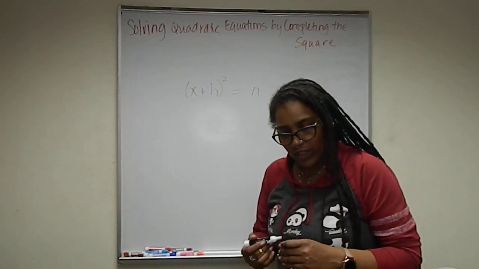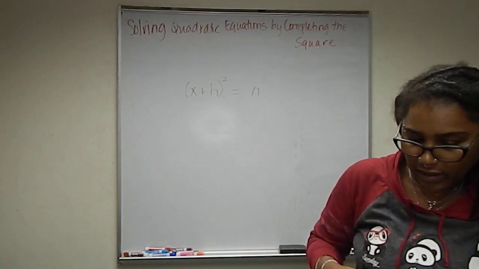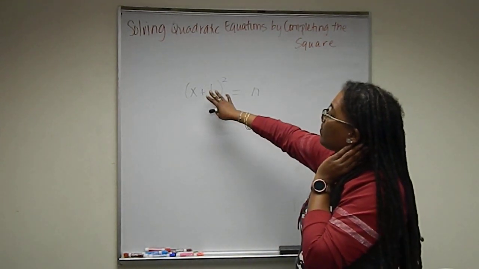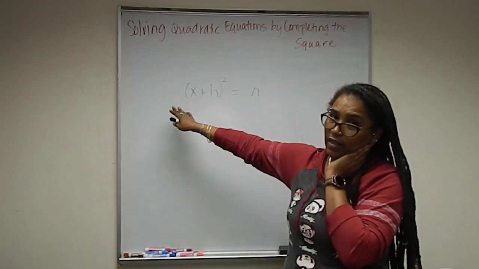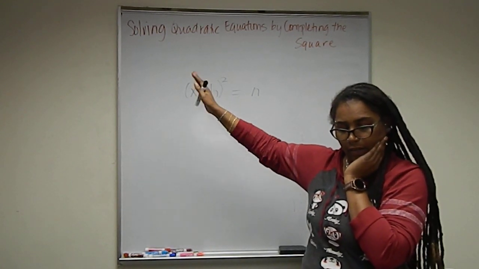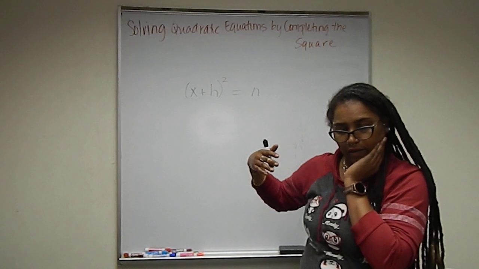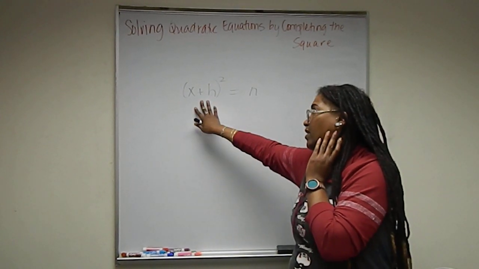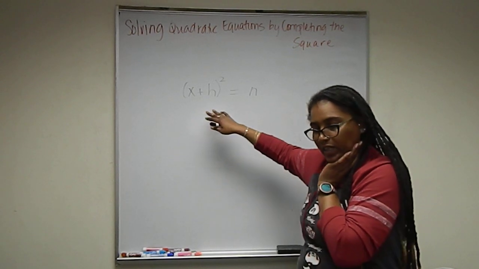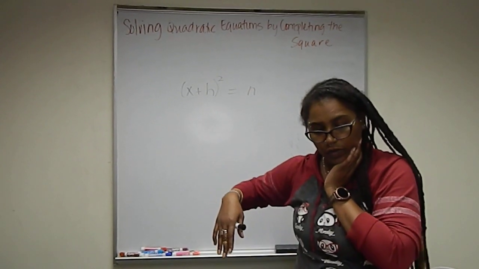So let's just say that we can write the left side, this left side before we get here, and we can expand that out, okay? And it could be a perfect square trinomial. When you have this side as the perfect square trinomial, that's when you're going to use completing the square, because we want this side to be squared.